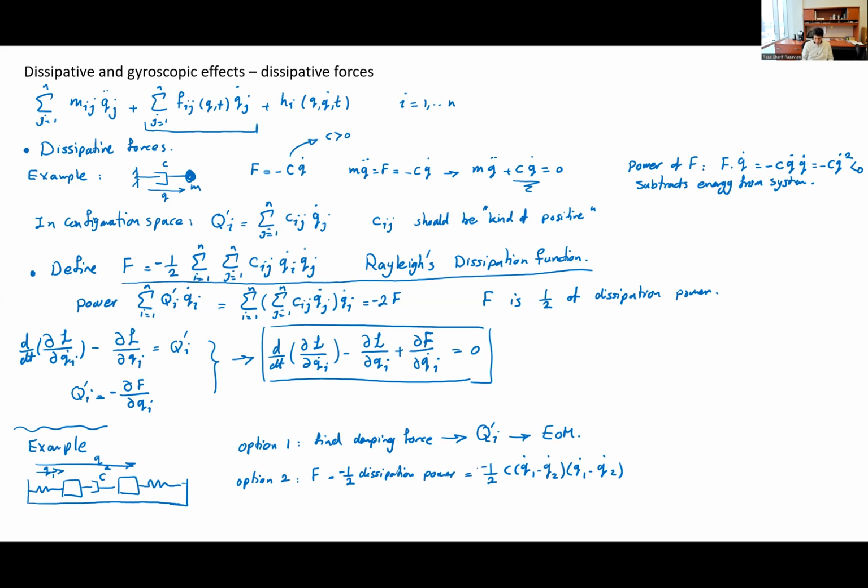That is my Rayleigh's function, and I can very easily plug it back into this now extended Lagrange equation, and I should be able to find the equations of motion.